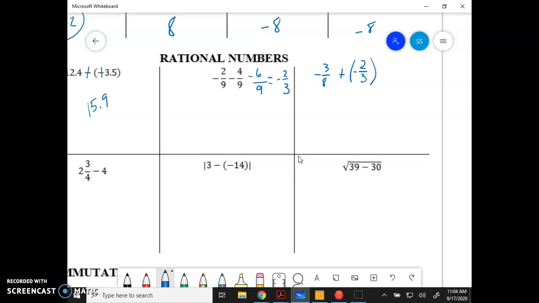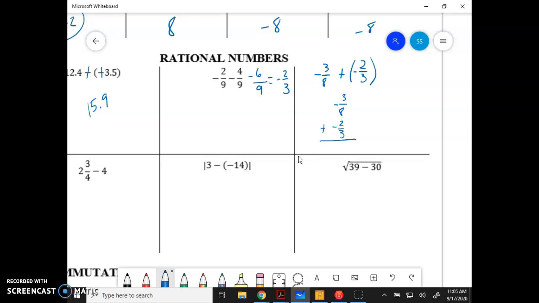Why don't we do this one longhand? We need to change these both so they have the same denominator. They need common denominators. And I always say when you're doing addition and subtraction of fractions, you should write them vertically. It kind of helps out. And I'm going to do plus a negative 2/3.